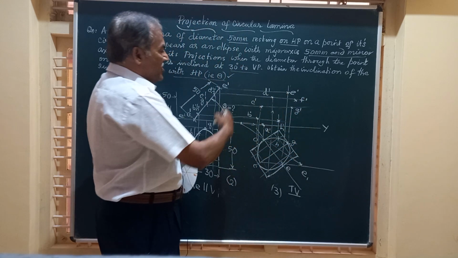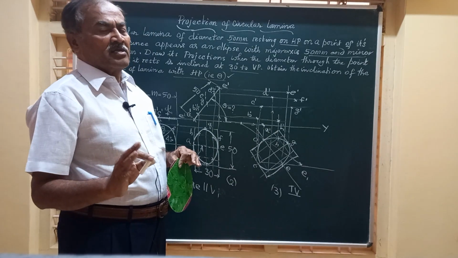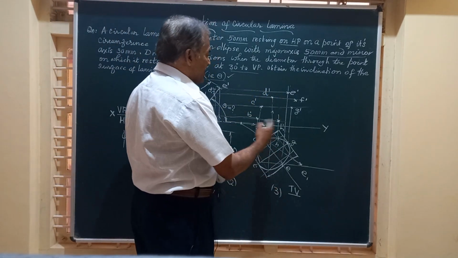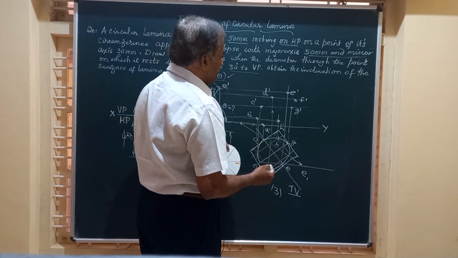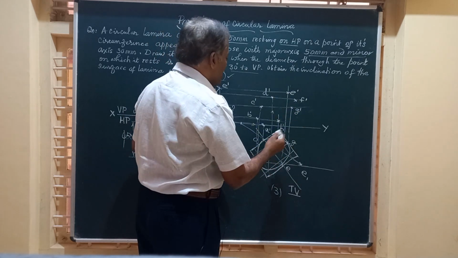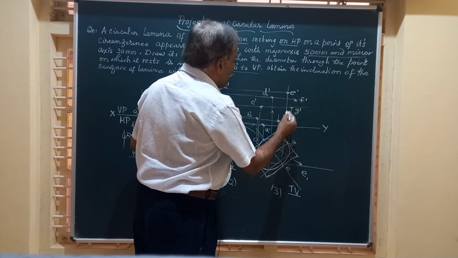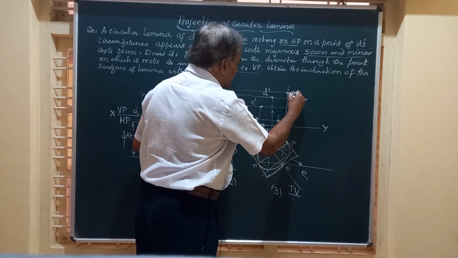Friends, we have got all the eight points on the periphery of this ellipse. Let's obtain the complete front view by joining all the points so obtained by a continuous smooth curve.